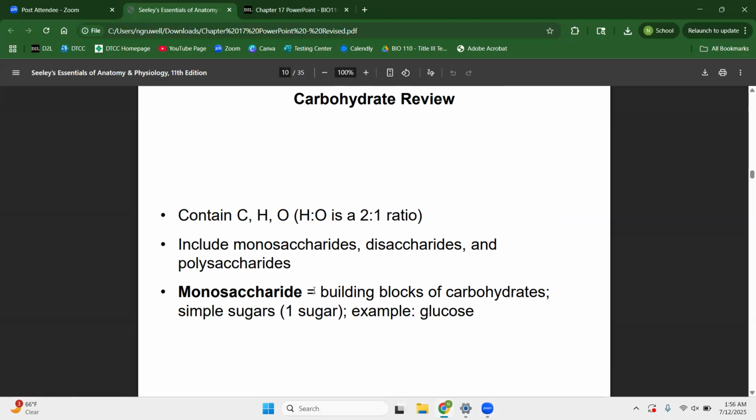A monosaccharide is our building block, which is one sugar unit. Glucose is the usable sugar in the body for the cells, and it's a monosaccharide. We can have disaccharides, which is two monosaccharides combined. And then something like glycogen, where we have many sugar molecules attached to one another, is considered a polysaccharide.